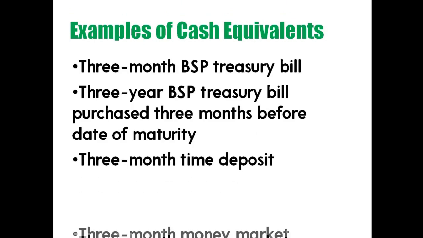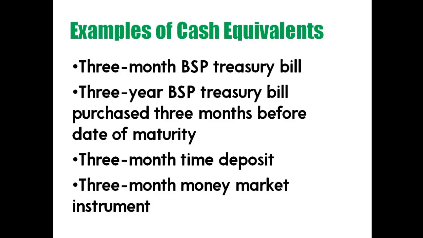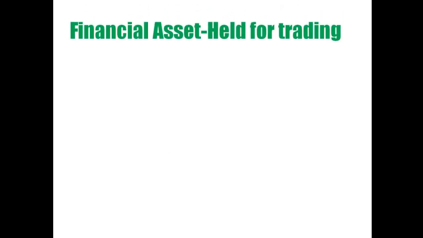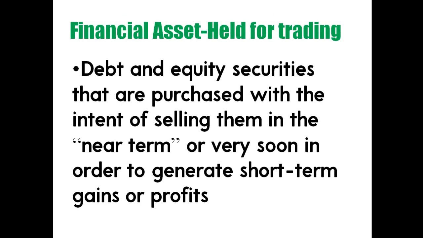Okay? Examples of cash equivalents. We have 3-month BSP treasury bill purchased 3 months before date of maturity, time deposit, and money market instrument. Okay. Next, we have financial asset held for trading. So these are securities you have purchased with the intent of selling them in the near term or very soon to generate short-term gains or profits.